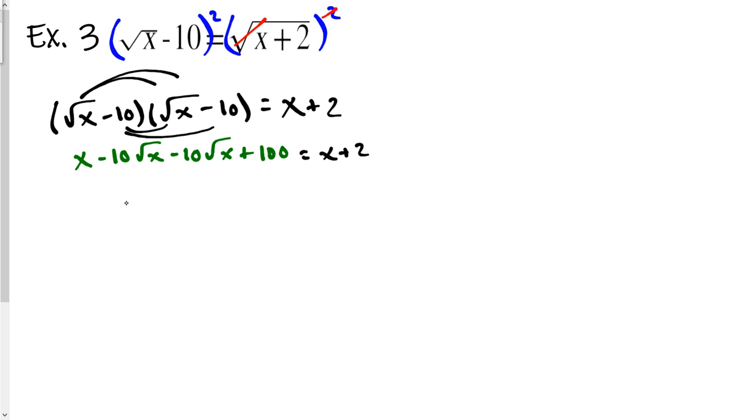Let's combine those like terms. So we have x, and then we have minus 20 root x's plus 100, and that'll equal x plus 2. Now we get to go and isolate the root x here. Okay, so I'm going to subtract an x, and I'm going to subtract 100.